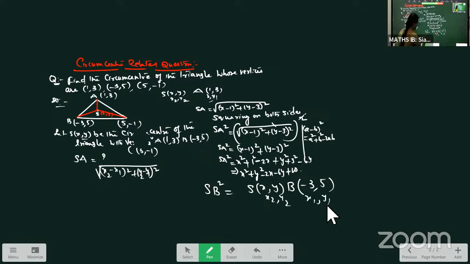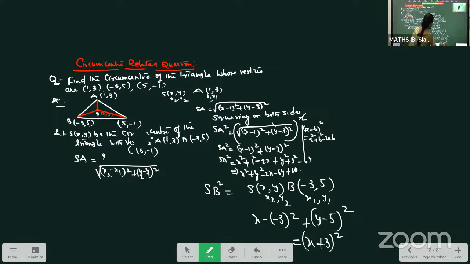Then x2 minus x1 whole square, x minus of minus 3 whole square, plus y2 minus y1 whole square, y minus 5 whole square. Minus into minus becomes plus. So (x + 3)² + (y − 5)².